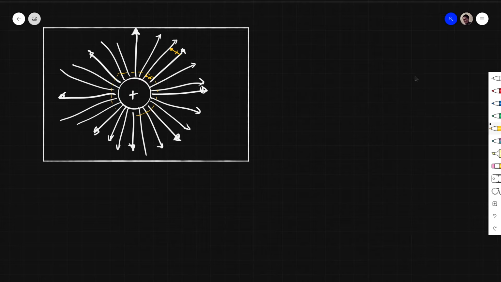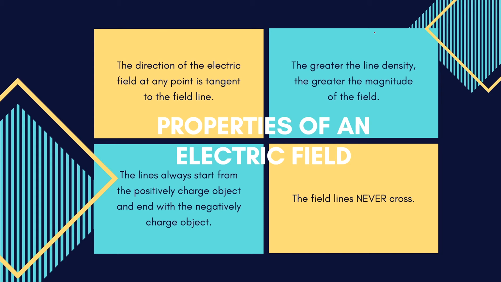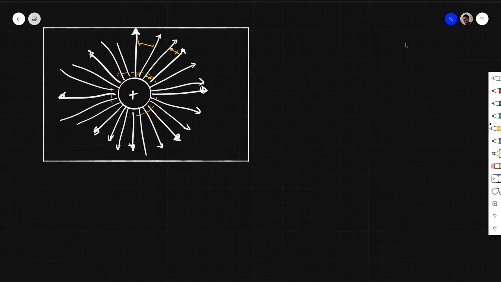Let's take this one and this one versus this one and this one. It's further. So if you're nearer to the center, the electric field is greater there, and as you go further away from the center, the electric field gets weaker and weaker, which makes sense, right?